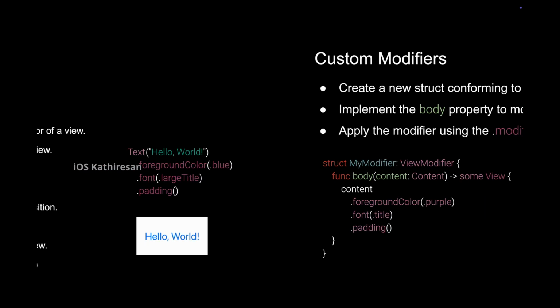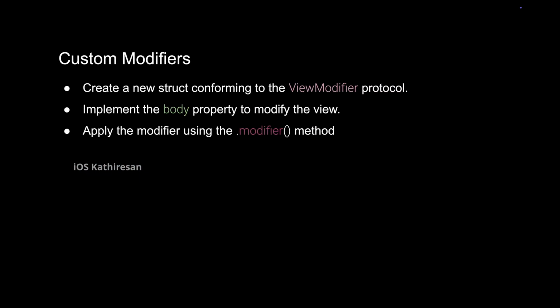In the same way, we can create custom modifiers. If we need, we can use the default modifiers, and if those are not satisfactory, we can implement our own. We create a custom modifier by creating a struct that conforms to the ViewModifier protocol. The ViewModifier protocol has a body property, which is where we modify the views.